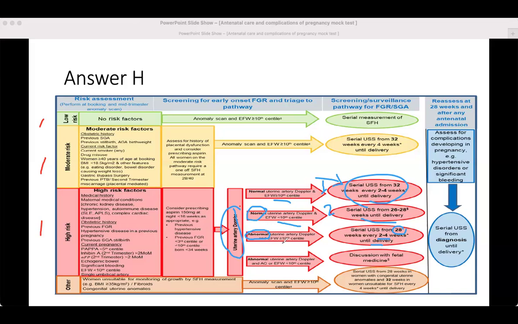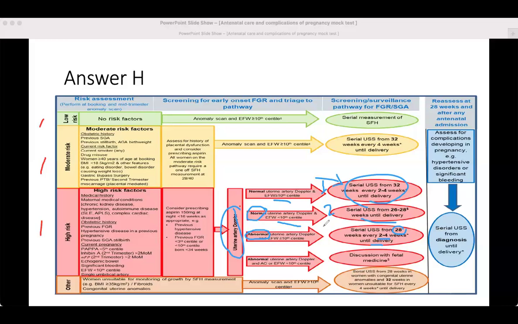So it's a normal weight, but abnormal uterine artery Doppler. Babies like this are at risk of both small for gestational age and preeclampsia as well, right? So we follow up from 28 weeks every 2 to 4 weeks.